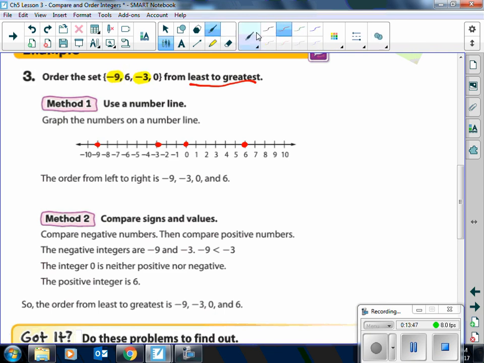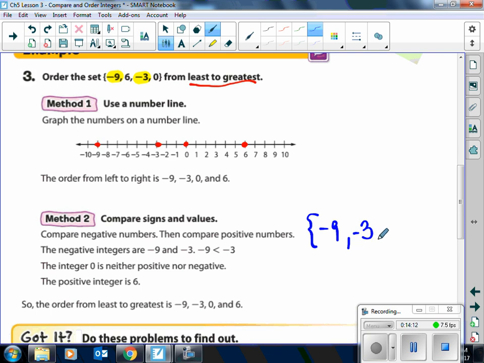Which one goes first? The -9, because remember, the bigger the number, the smaller the value, right? And if we're going from least to greatest, -9 goes first. You see that? So we have -9, and then we have -3. The bigger the number, the smaller the value, right?